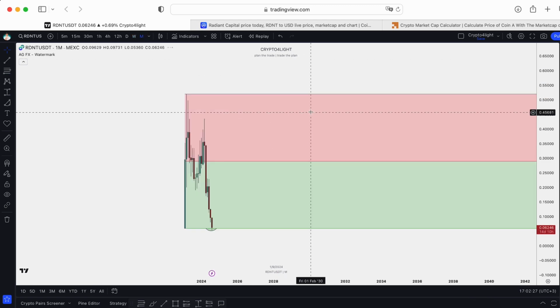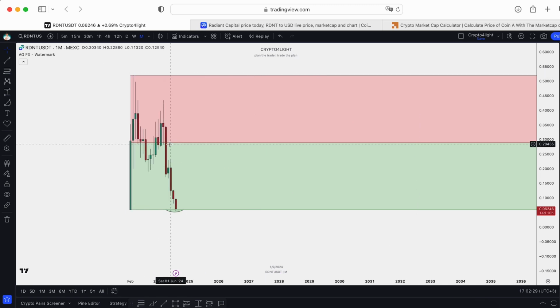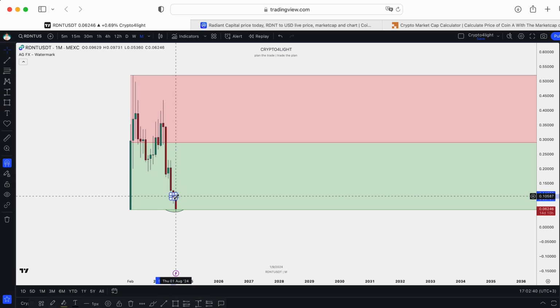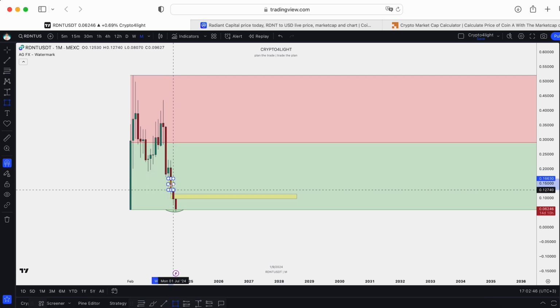Like you can see here, on the monthly time frame, the fill of the monthly gap is going to be exactly equilibrium. So anyway, sooner or later, we will see the close of that monthly gap. And this one, let's mark it, this monthly gap.